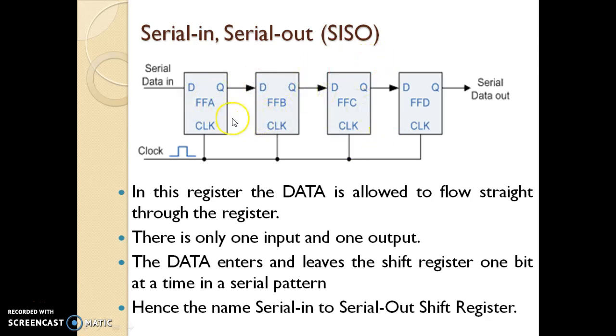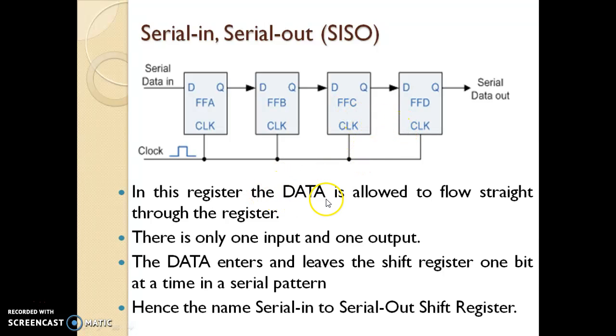First of all, let us discuss the serial in, serial out shift register. Here in this diagram we can see the 4-bit serial in, serial out, that is SISO type of shift register. It is 4-bit because it consists of 4 flip-flops, that is FFA, FFB, FFC and FFD. They all have a common clock pulse. Moreover, they can also have clear and preset signals, by way of which we can directly give the command of clearing or resetting the flip-flops.